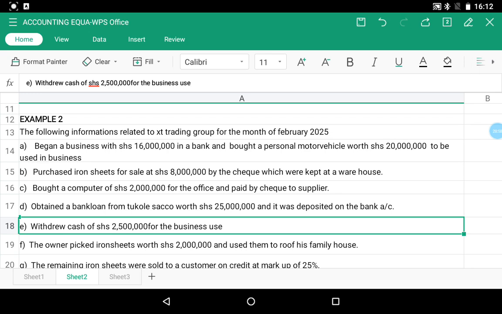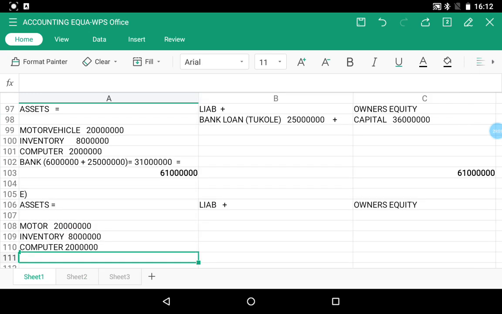Here it is bank account and cash account that are affected. So we shall come here and say bank.